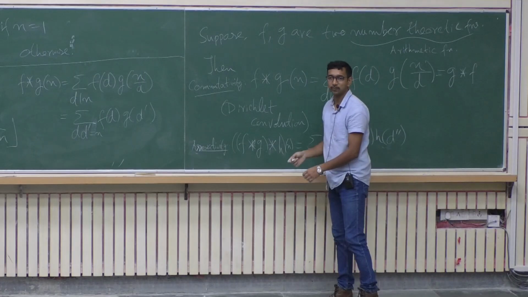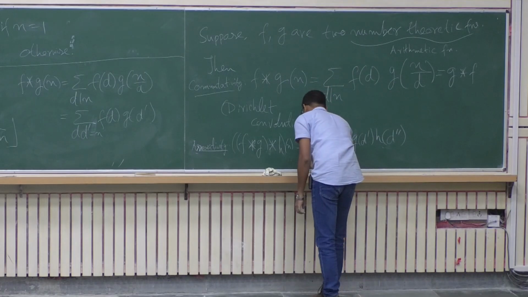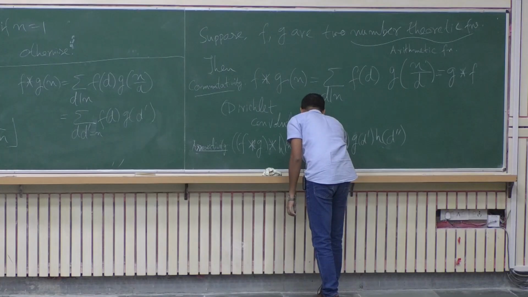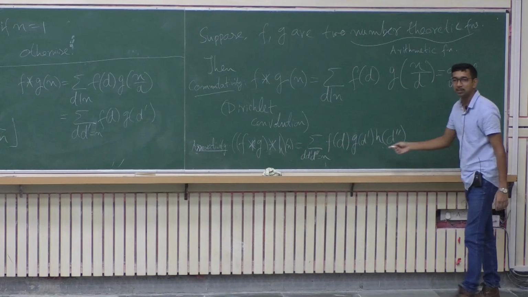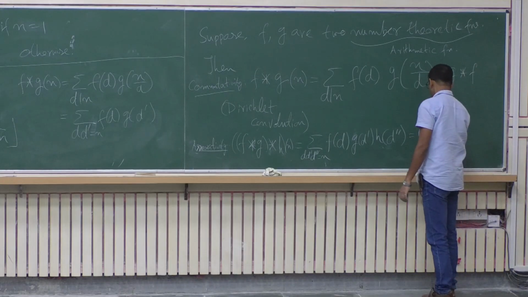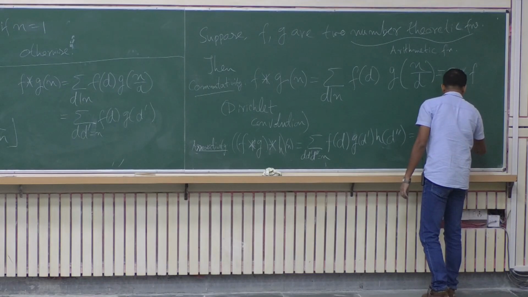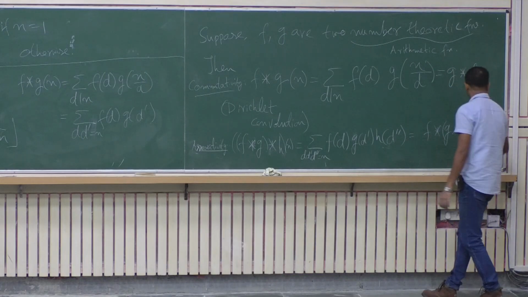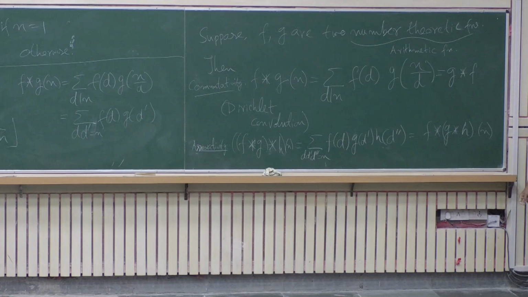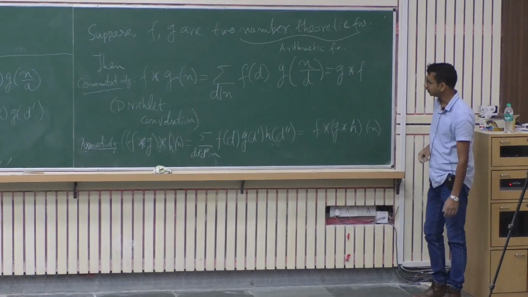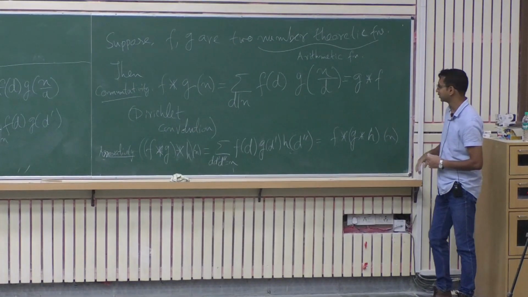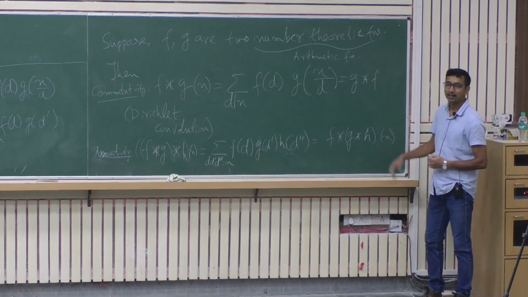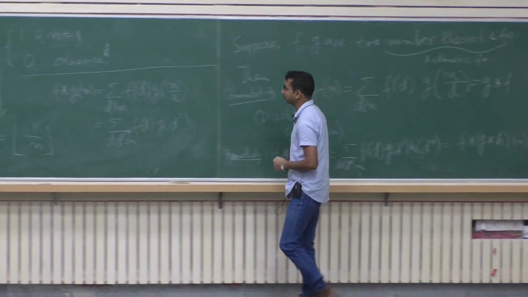Basically you are doing the same, but this gives the associativity immediately. So this can be written as f star g star h of n. It's just one line. It's very nice, an immediate application of the associativity.